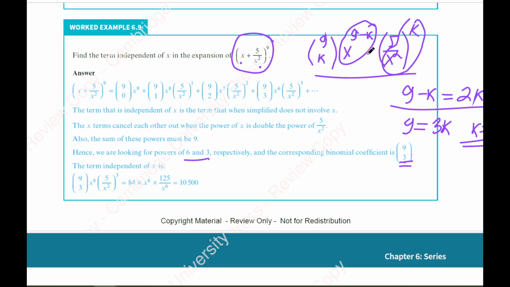What you will have left is 84, then 5 to the power of 3, which is 125. Then if you just cancel those x's, you need to multiply 84 times 125, and you will receive the answer. So please pay attention to that as well.